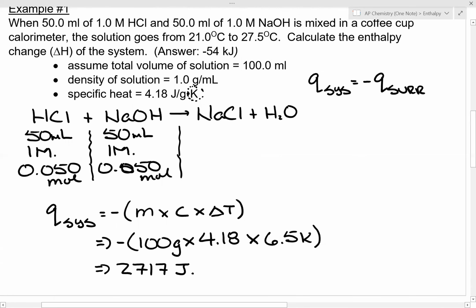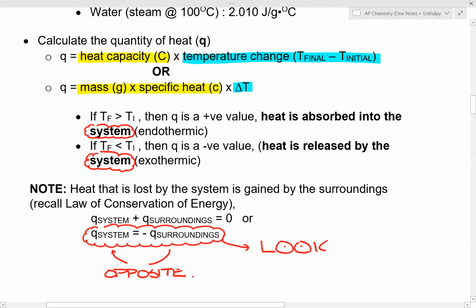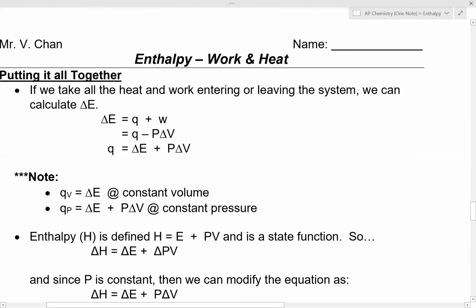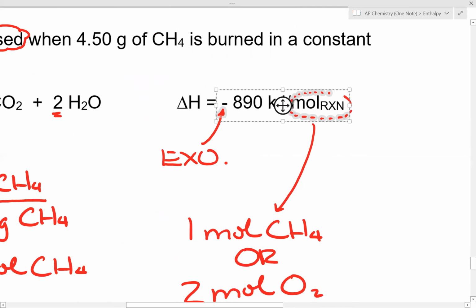Now, you might say, how come the answer is different? The reason is I'm looking for delta H. Recall from last day's notes, delta H is per mole of reaction.